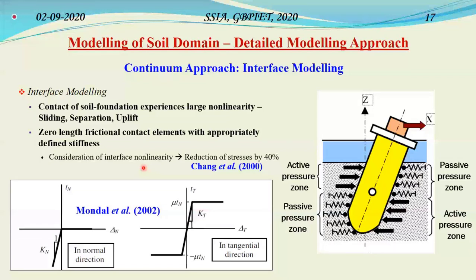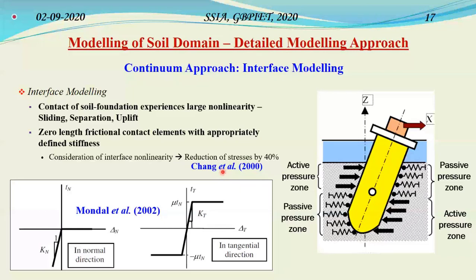The other way, where there is no interface nonlinearity and it is in full contact, much higher stresses were generated. So that means interface nonlinearity provides a good amount of difference in the modeling and in the subsequent results, which we must not ignore if we want to approach practical realistic conditions.